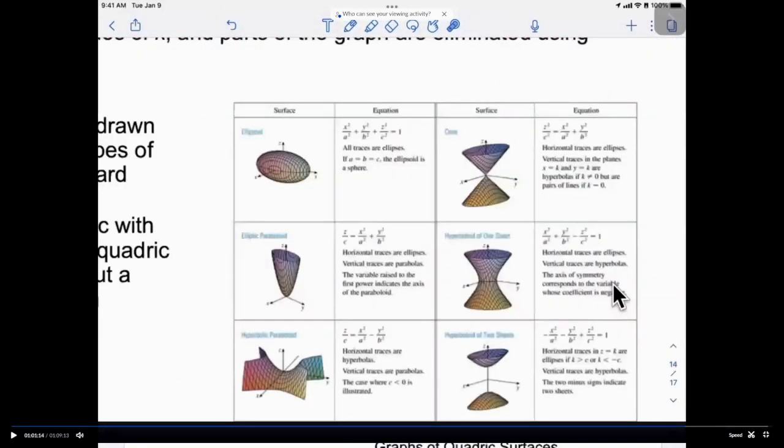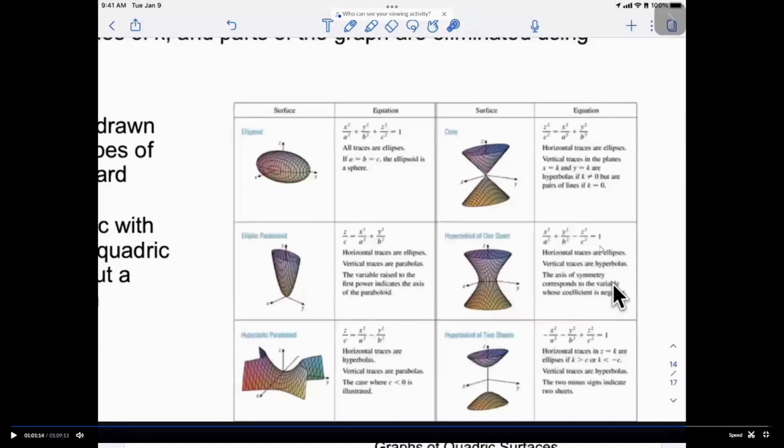The first one here is the ellipsoid, and that's the equation of this. Notice that it's all squares of x, y, z like this. Then this one over here is the elliptic paraboloid, and it will be in this form. And this one here is the hyperbolic paraboloid, which is the shadow, and it will be in this form.